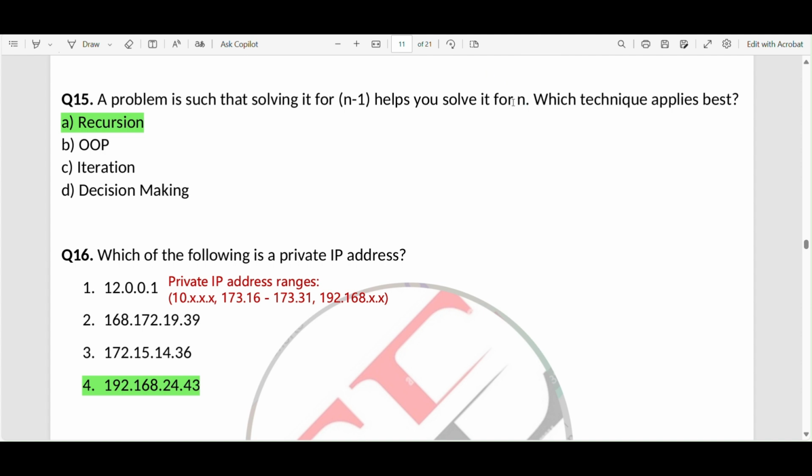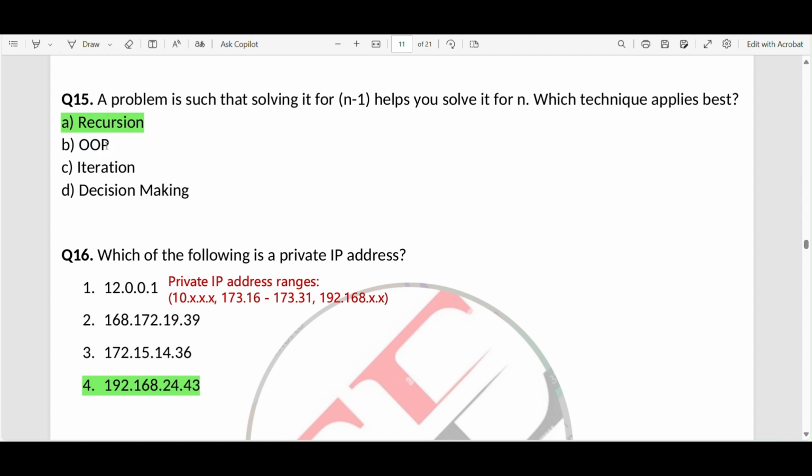What is that technique they are asking? Here we are having decision making. Decision making is not at all a technique, right? And iteration is okay but not iteration. Iteration is nothing but it will be iterating the loop every time, printing the same thing multiple times. So iteration is also gone out of the box.